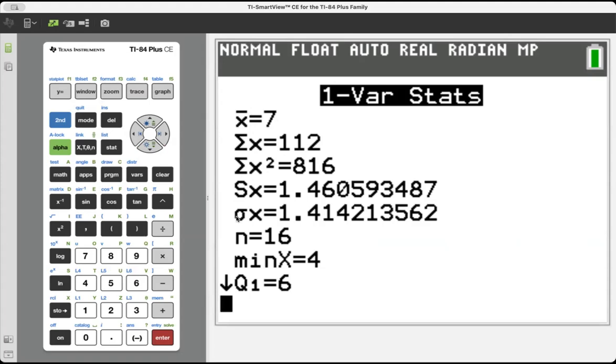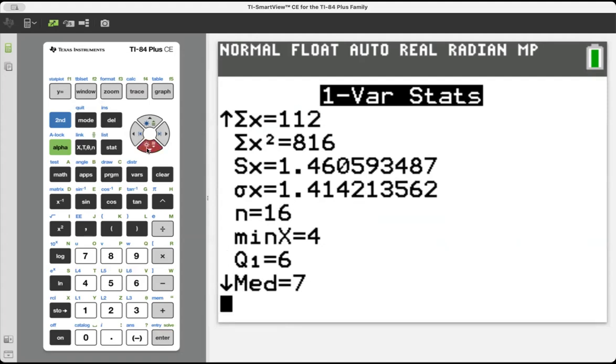But we do use the next two, and I'm going to spend a lot of time with these. Sx and sigma x. These two are going to be important in a few moments when we discuss measures of variability. So we're going to come back to these two in a minute. The size of the sample is 16. The minimum value, we're going to be talking about min and Q1 in a minute.